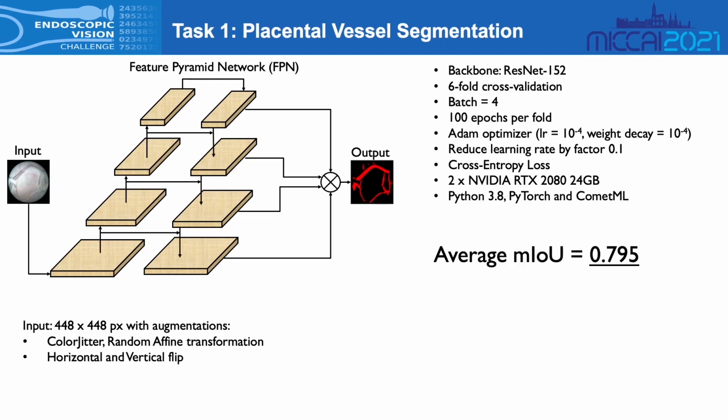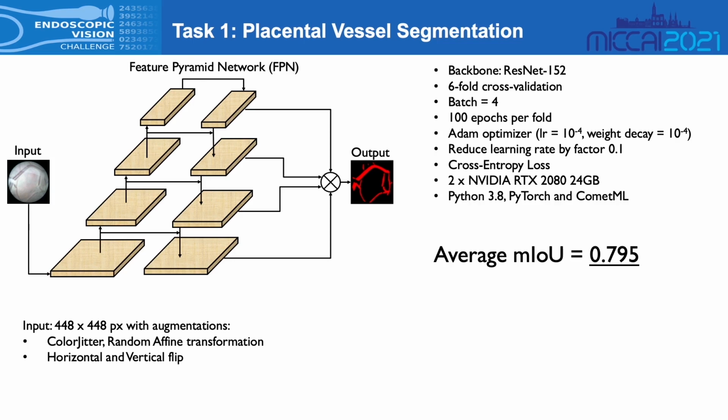We use 6-fold cross-validation with a batch size of 4 and 100 epochs per fold. We use an Adam optimizer with an initial learning rate and weight decay of 10 to the power minus 4. We reduce the learning rate by a factor of 0.1 when a metric stops improving.